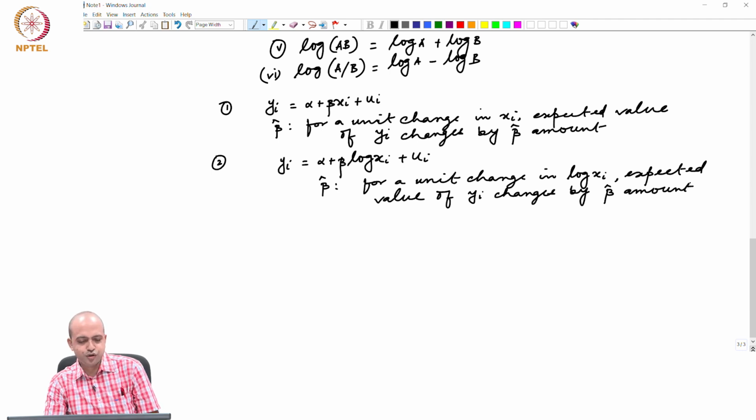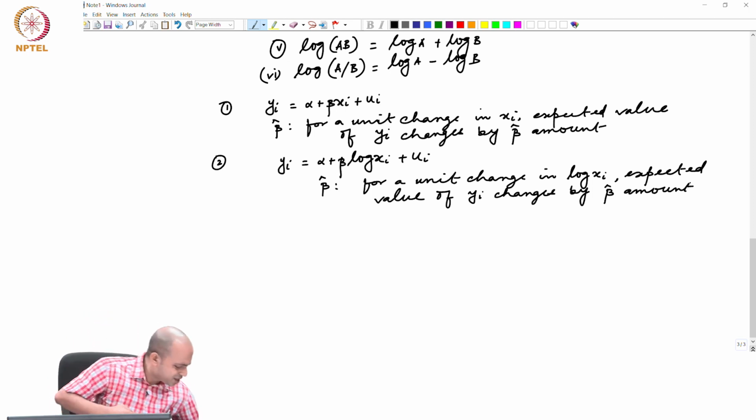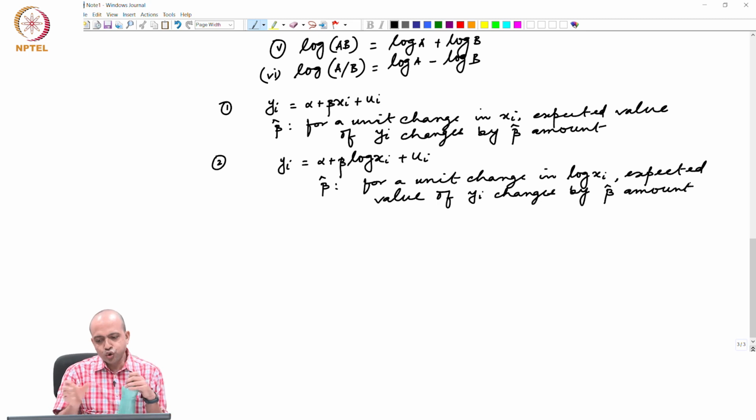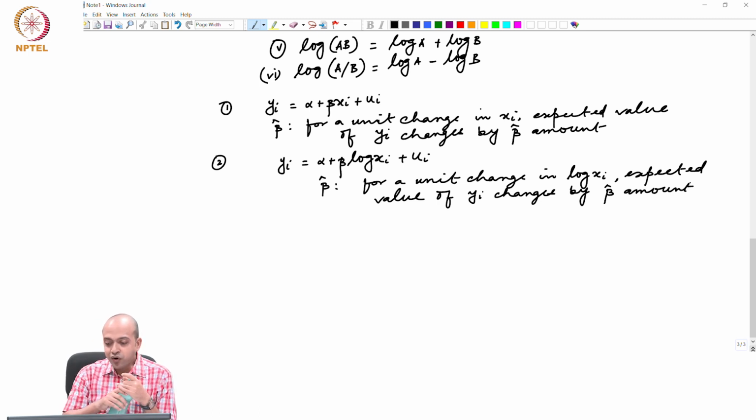But understanding a unit change in log of xi becomes a little difficult, because we can easily understand a change in x, but one unit change in log x is harder. So, we will convert this interpretation into a change in xi.